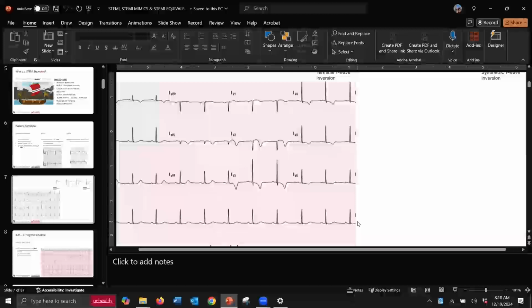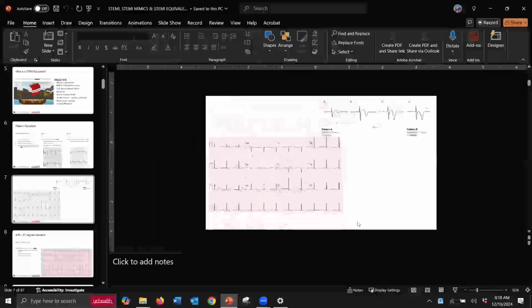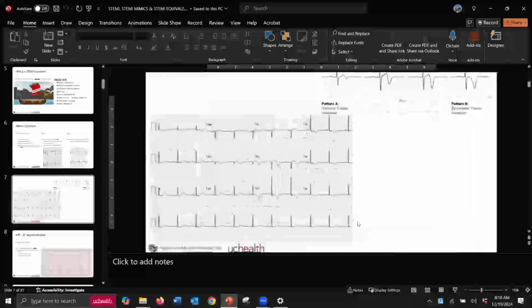We're also looking at some ST elevation, but it doesn't meet STEMI criteria in V1 and V2. So that's a type A Wellens wave. In V3, V4, and arguably V5, we see a type B. So all this is kind of a measurement of the timing of it all.